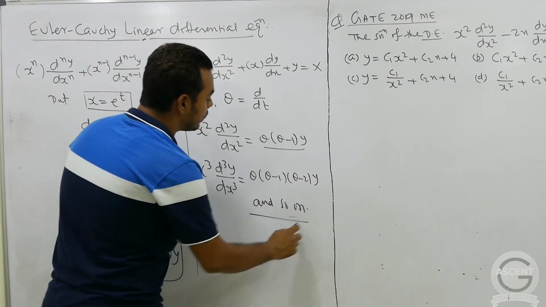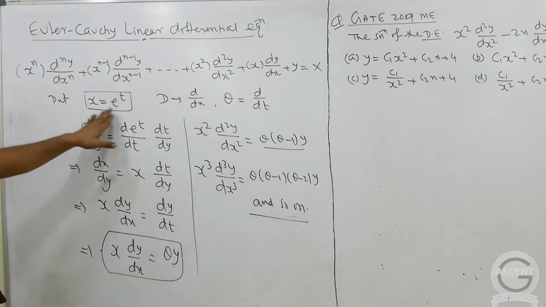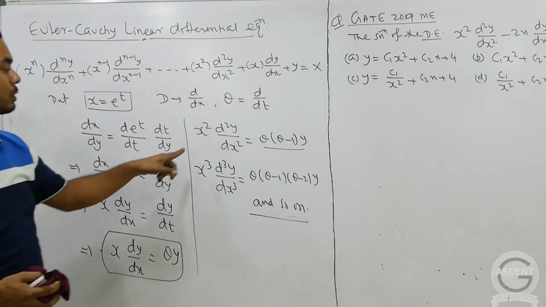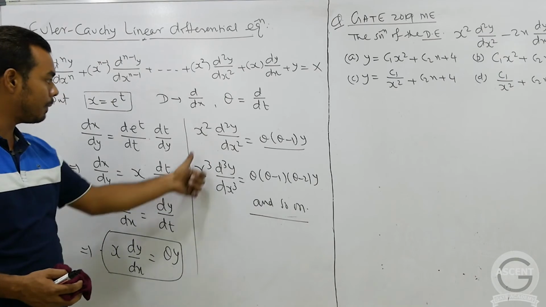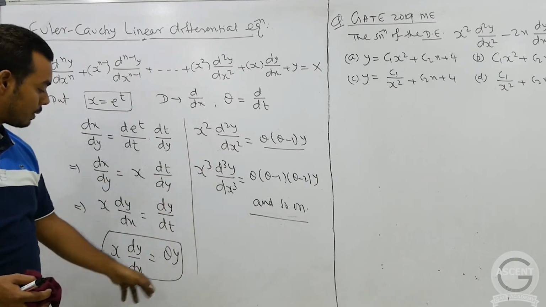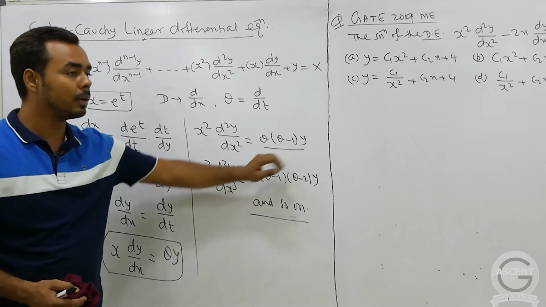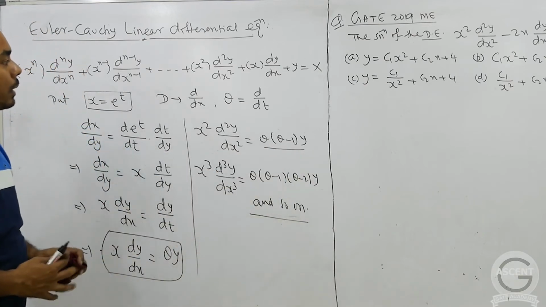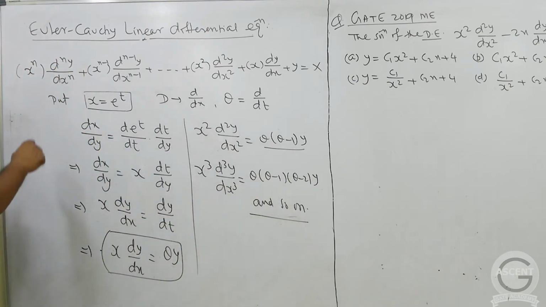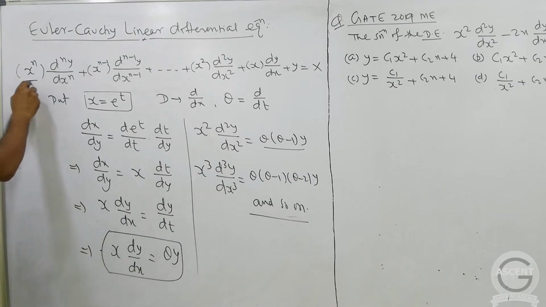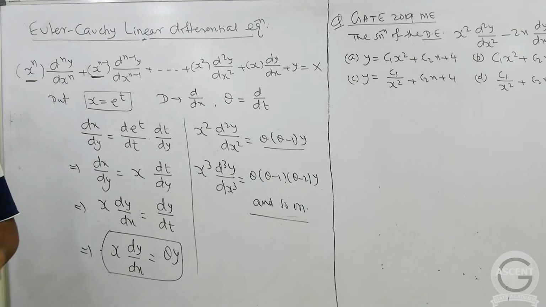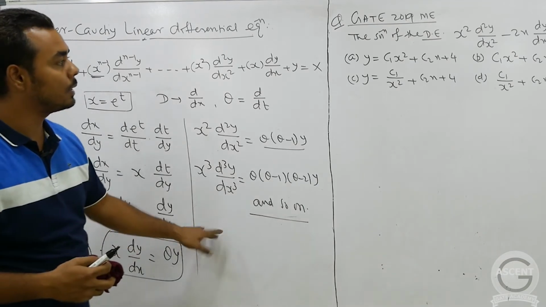So once you have done this substitution, x equals e to the power t, then in place of x dy by dx you can write theta y, x square d2y by dx square is theta into theta minus 1 y, and so on. By doing this substitution, what we will get is a differential equation with constant coefficient, and we have learned how to solve differential equation with constant coefficient. Now with the help of one example, let me show you how to apply this concept.